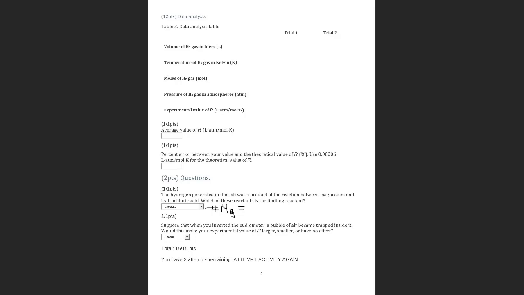You have the mass of the magnesium that reacted, and you convert it in a previous step to the number of moles. In my case, it was 0.00144 moles.